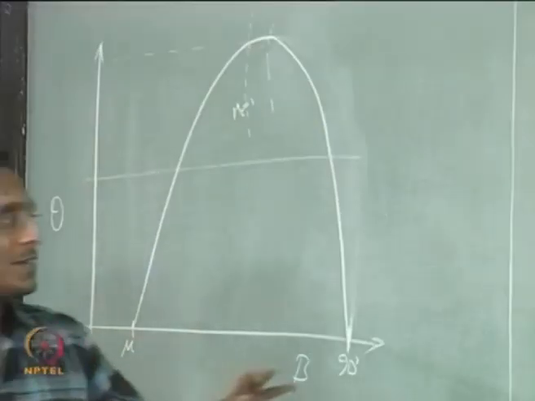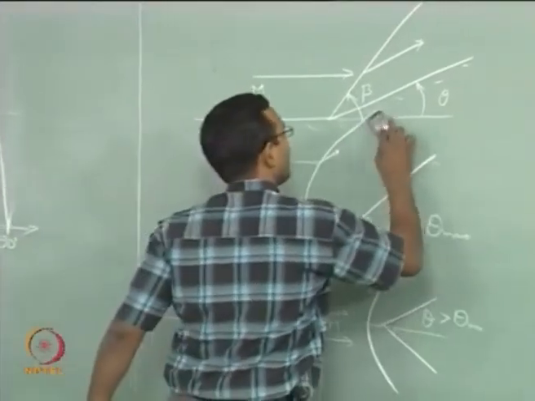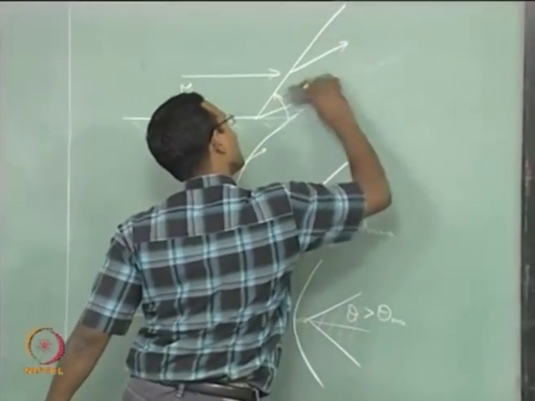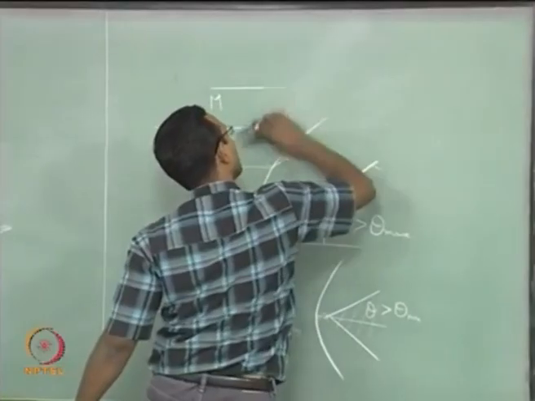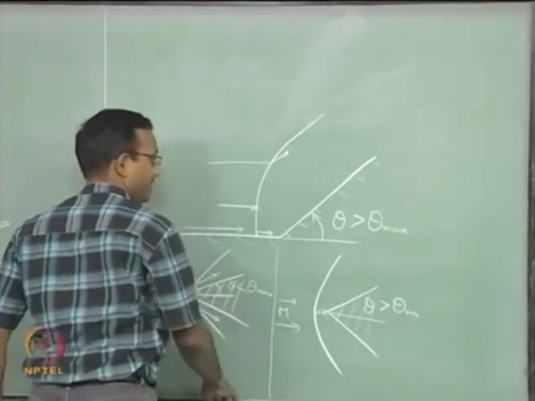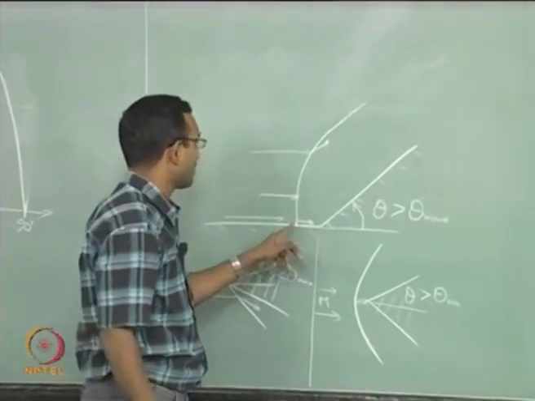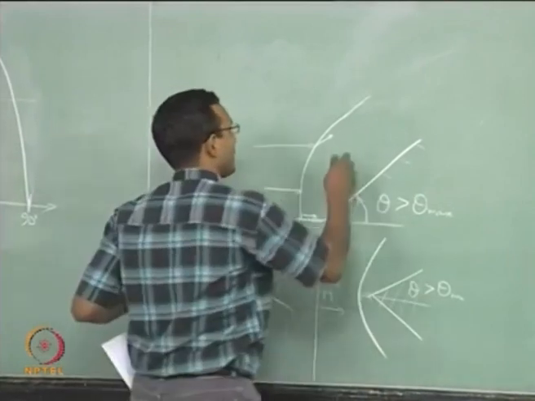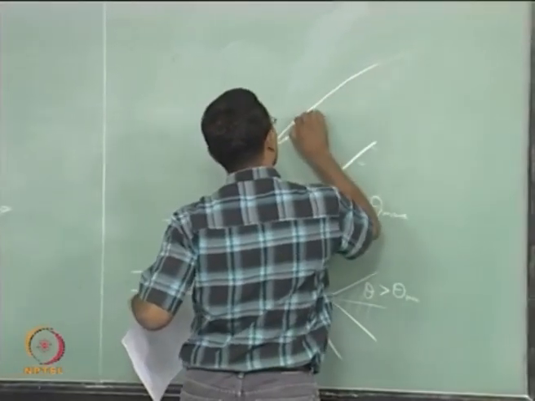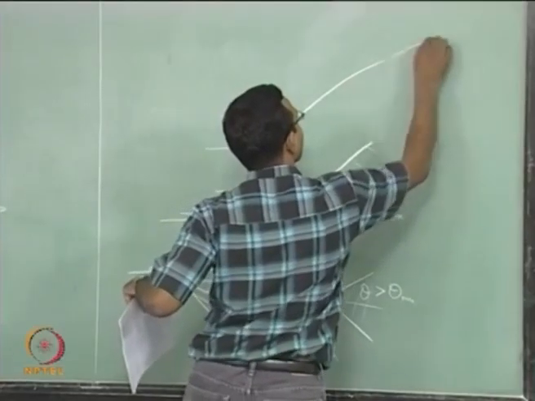Now, I want to draw this picture, actually I will have this picture, I will erase the top picture, I do not want to draw this so much. Okay. So, I have this picture where I am having theta greater than theta max, so I am having a detached shock sitting here, and let us say it is going all the way up to oblique Mach wave somewhere here, let us say this is my Mach wave line.